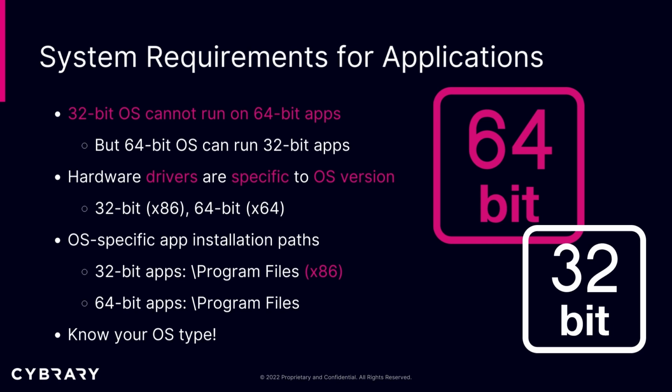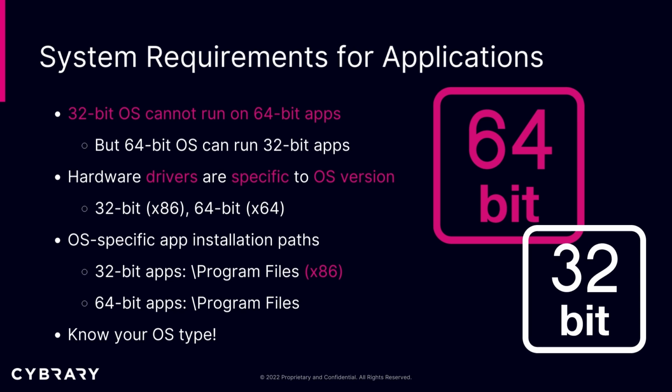Key things to remember about system requirements are specifically between 32-bit and 64-bit. A 32-bit operating system cannot run 64-bit apps, but a 64-bit operating system can run 32-bit applications. Also, you want to be aware of your hardware drivers.